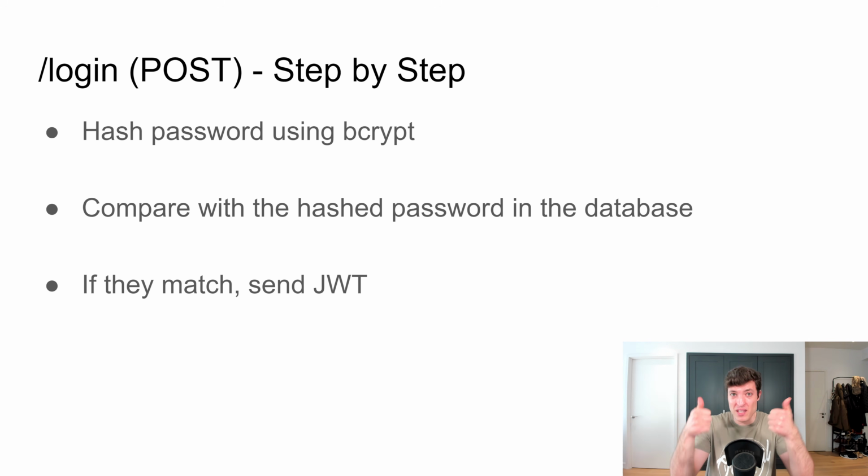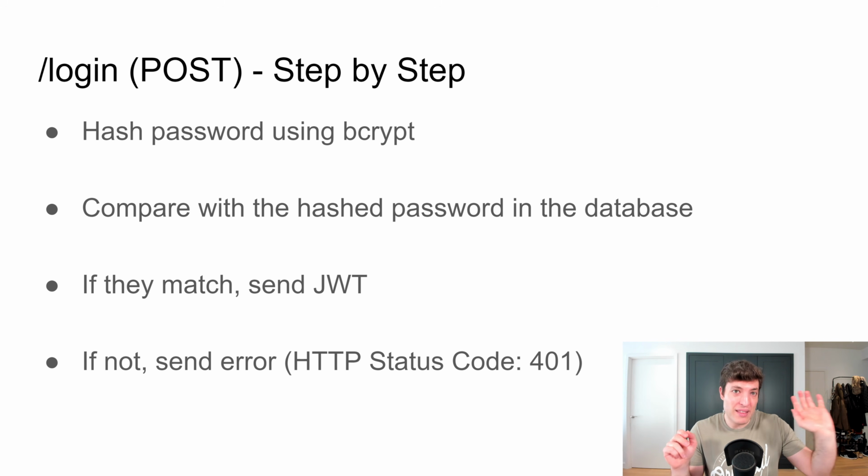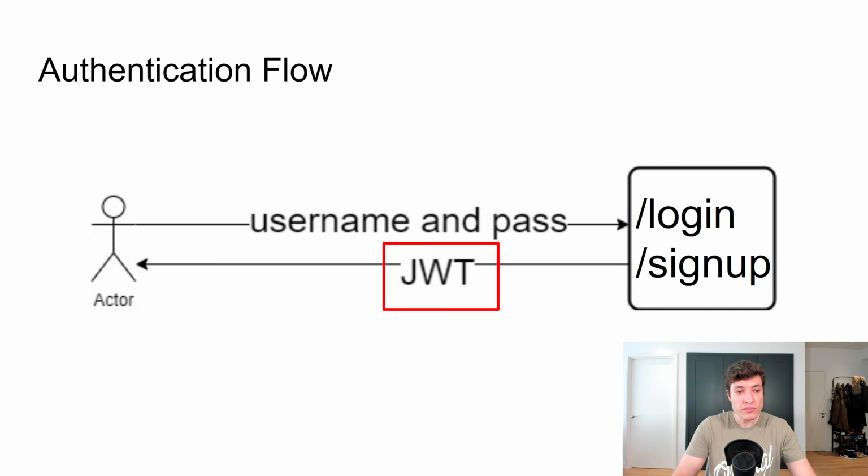So we can say, okay, you are authenticated, and we send the JWT token to them, and they can use that JWT token in the next requests, okay? If the username and password don't match what we have in the database, we just send an error, and usually we attach that error to an HTTP status code of 401, unauthorized, okay?